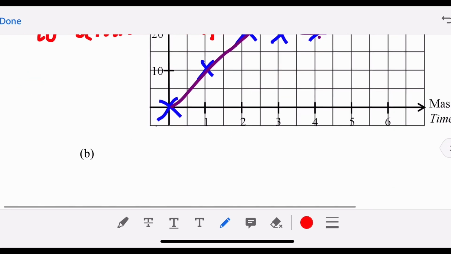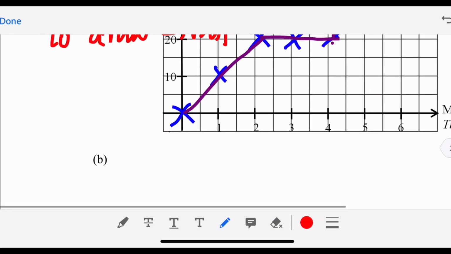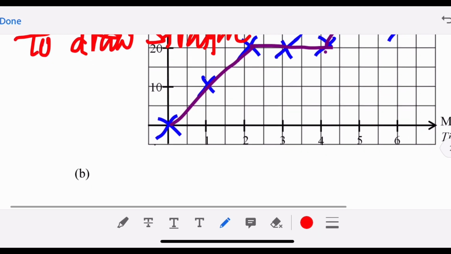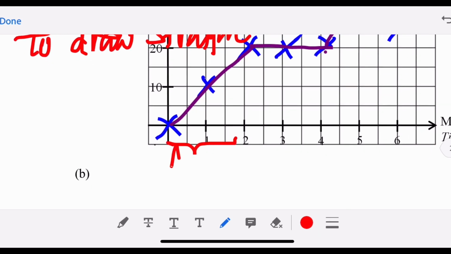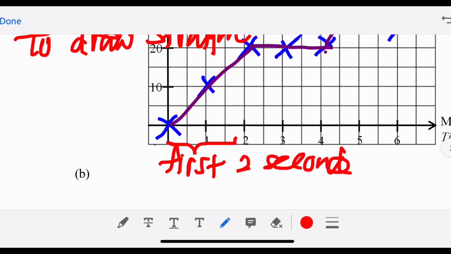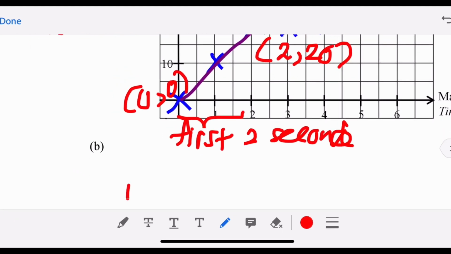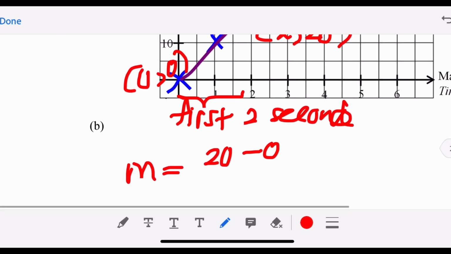Okay, so let's have a look at what the question is asking after plotting the graph. You are asked to find the gradient for the first 2 minutes. The gradient is found by taking any 2 points from the graph, and then you can use the formula y2 minus y1 over x2 minus x1.